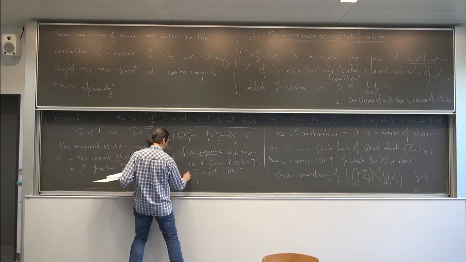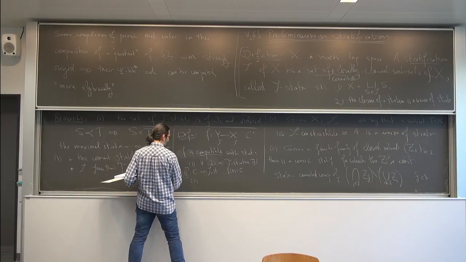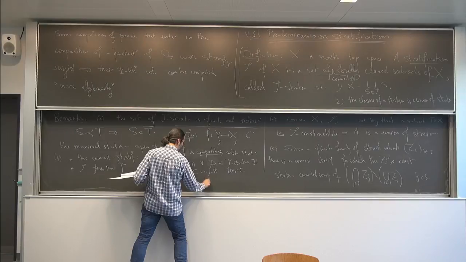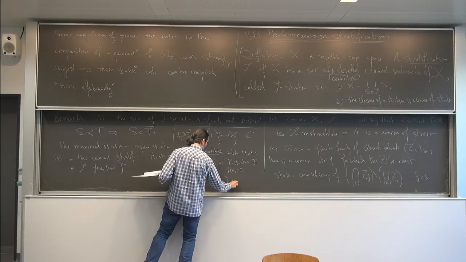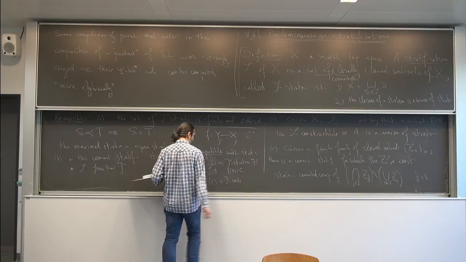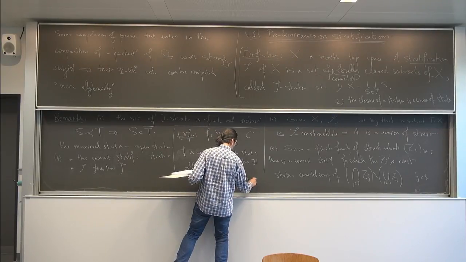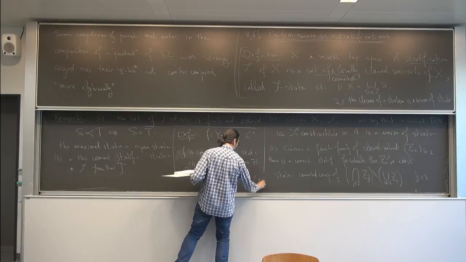Maybe a nicer way to say this is that f^{-1}(C) is T constructible for all C an S stratum.